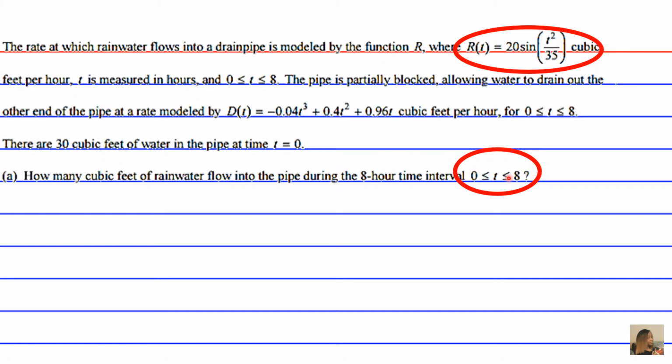And again, these are code words for setting up a definite integral, because what the definite integral is going to do essentially is get rid of the dimension per hour, which changes this quantity from a rate into a mass or volume, okay?